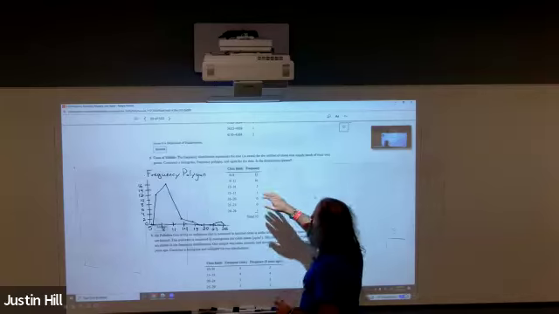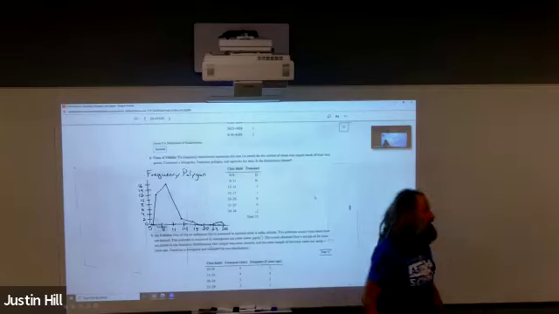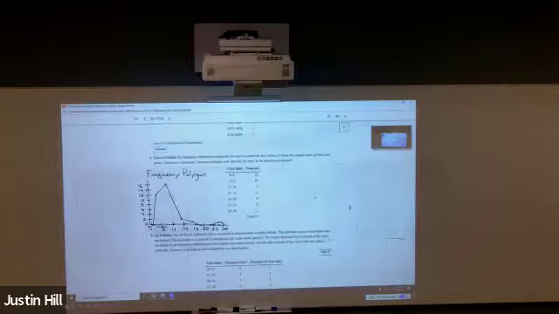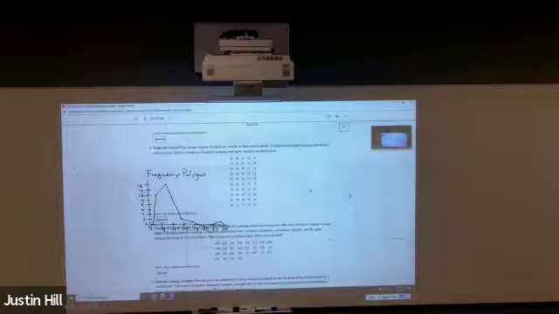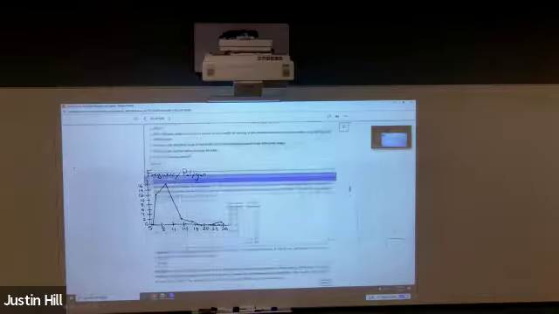The way you want to think about this though, an ogive, and let me see, is it a histogram or is it a line graph? It's a line graph.